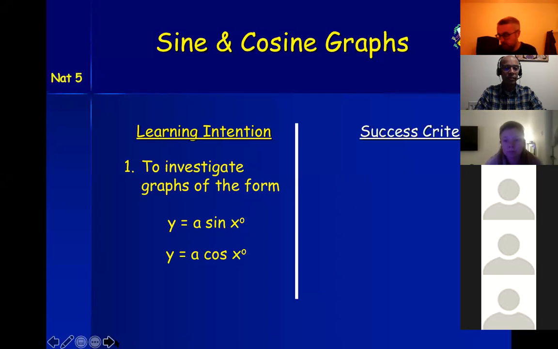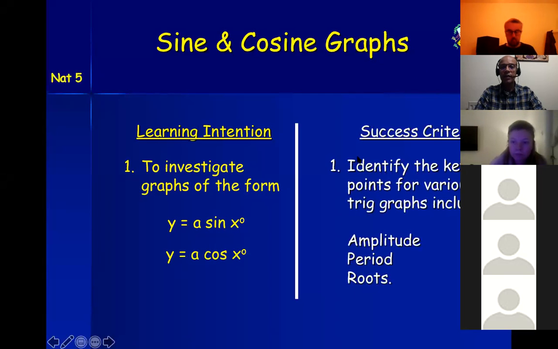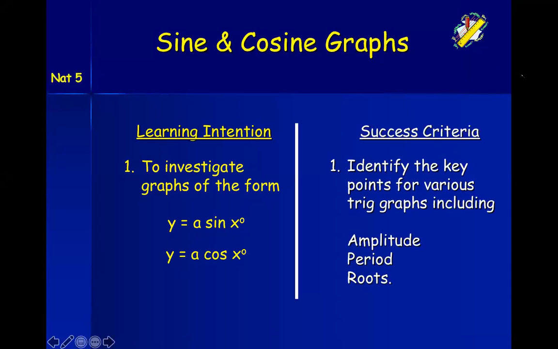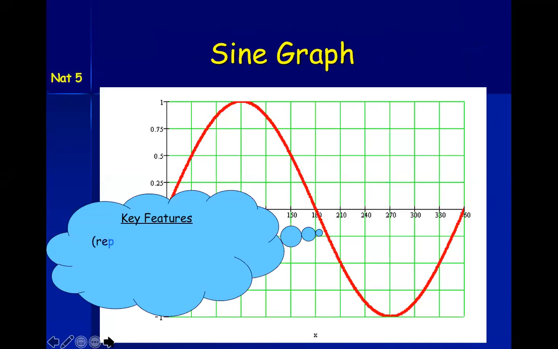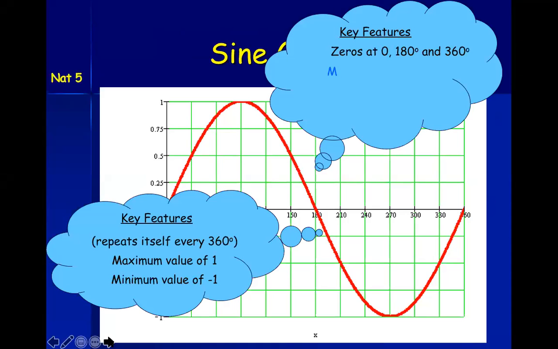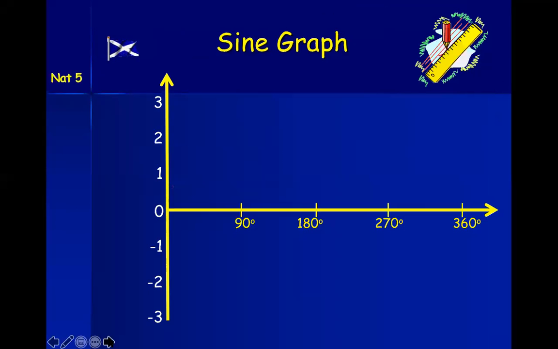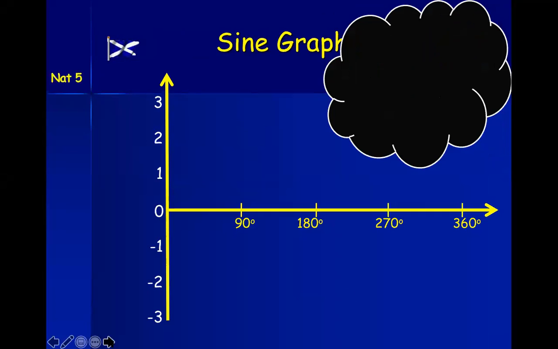Okay, so again, this time, once we've identified our graph, we'll make sure that we know the key points for those different trig graphs. To remind us of the key feature, if I ask you to sketch y equals sine x, this is what it would look like.